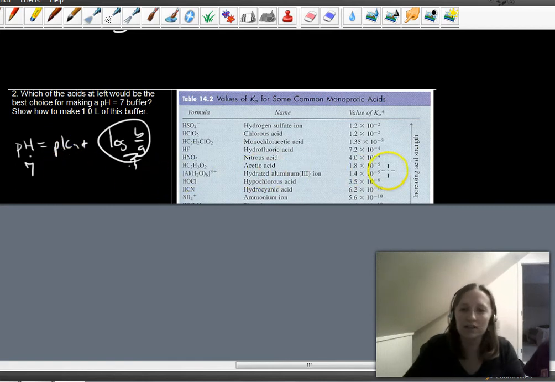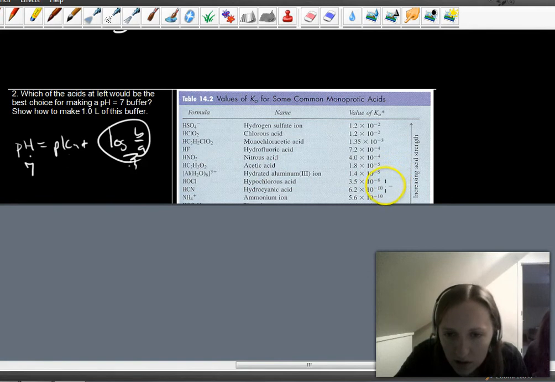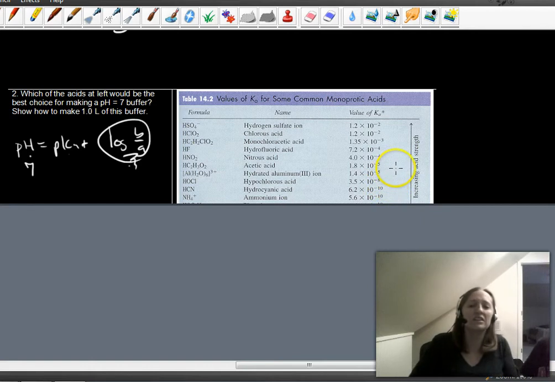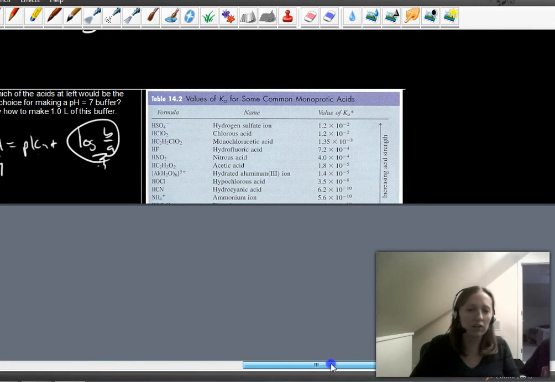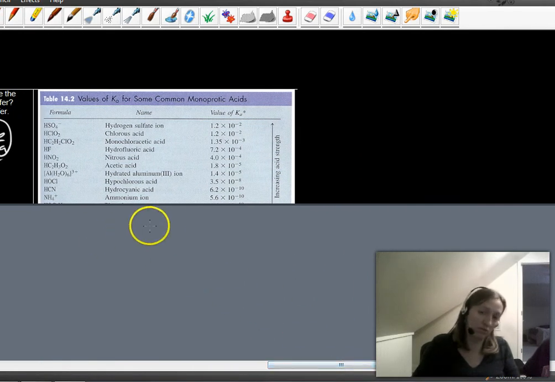So we look at our list and ask which one is a reasonable candidate with a negative 7. The best one I see is hypochlorous acid. So okay, I guess I'll use him. He's not great, but this is the list of the acids I have in the cabinet, let's say.